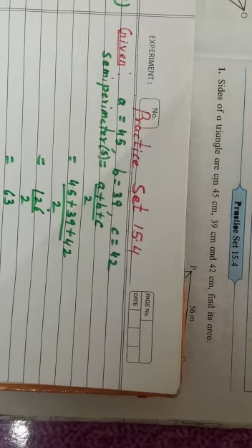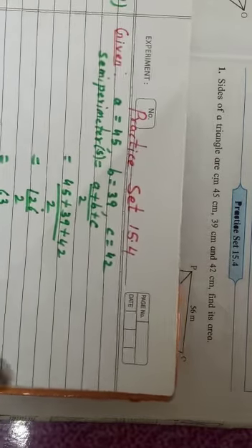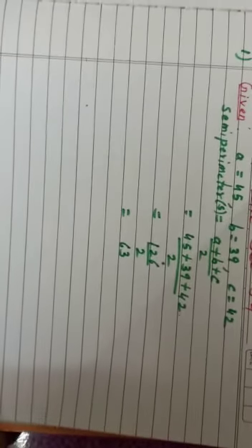Now we have to find the area of the triangle by using Heron's formula. So what is the formula for the area of the triangle?